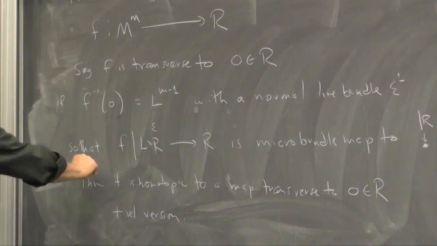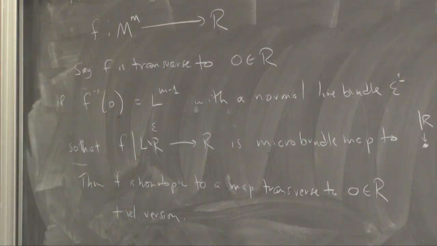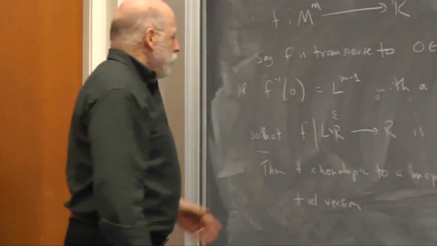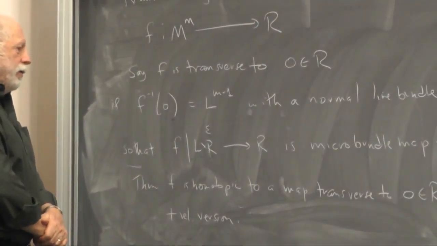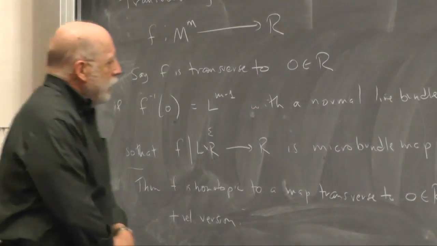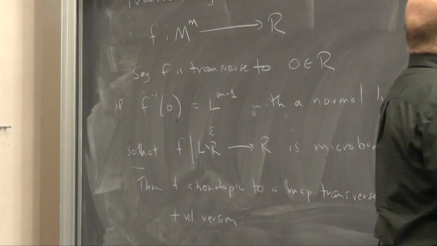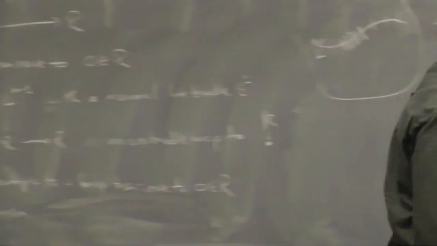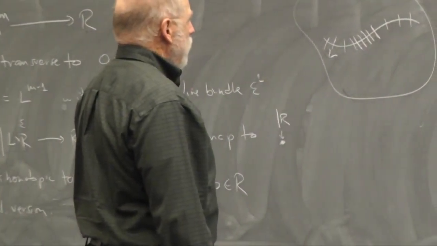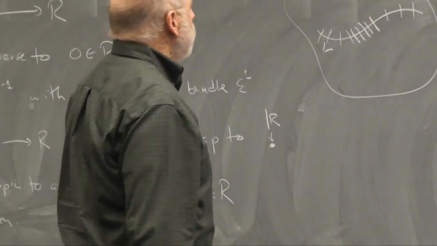You've seen so far these relative versions always come practically for free. And it's no surprise, I mean, look at this picture I just drew, and look at this picture, you can sort of see it's going to be the same kind of argument. So it's a chart by chart argument.